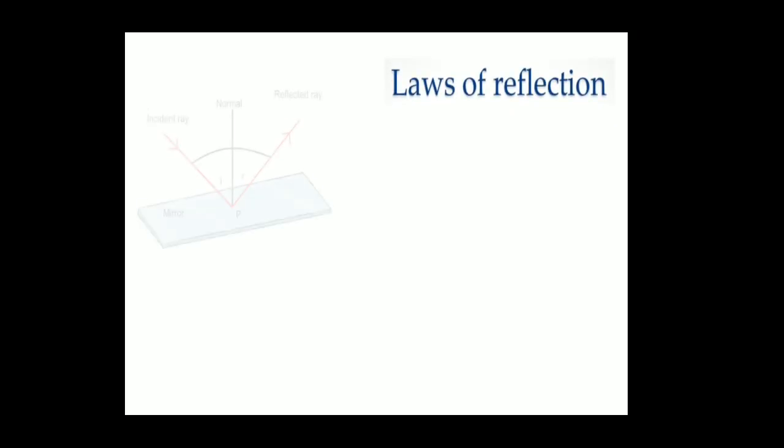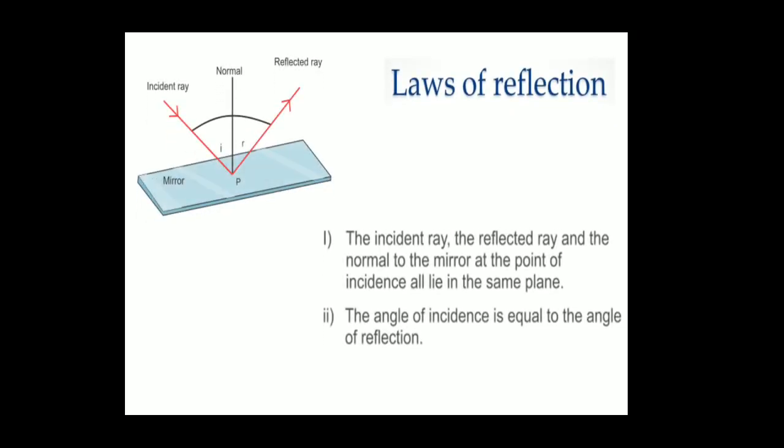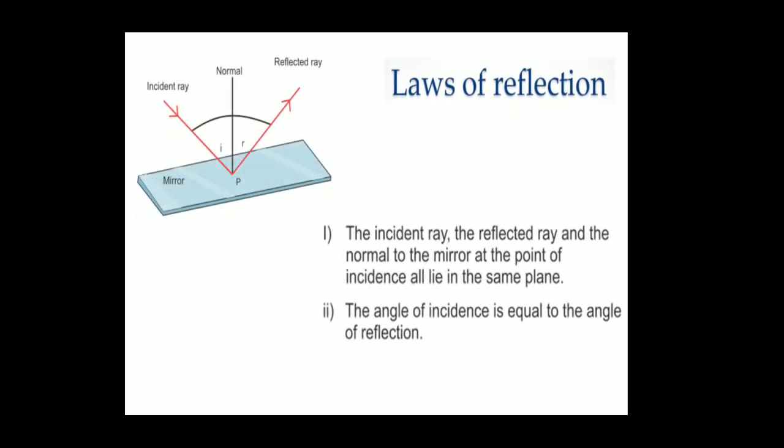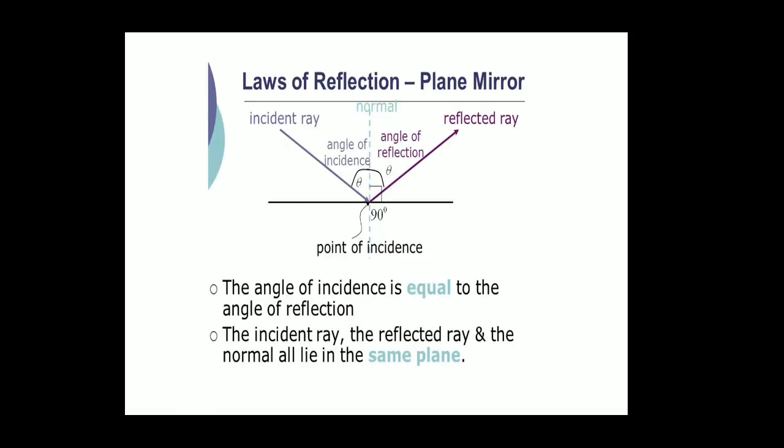So the two laws of reflection are: the incident ray, the reflected ray, and the normal to the mirror at the point of incidence, as per the diagram. That is the point where all three are meeting. All will be in the same plane. Here in this diagram, the mirror is the plane. And the second one, we have already studied: the angle of incidence is always equal to the angle of reflection. So this is about laws of reflection.